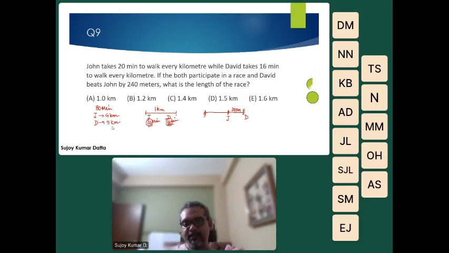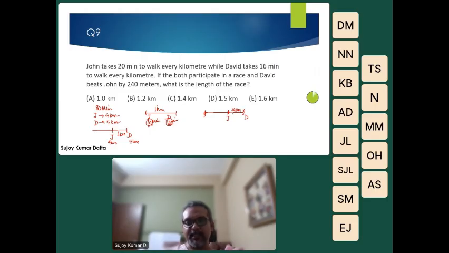So in a race which was 80 minutes long, David would go 5, John would go 4, and the gap would be 1 kilometer. That's basically what this entire thing is about.